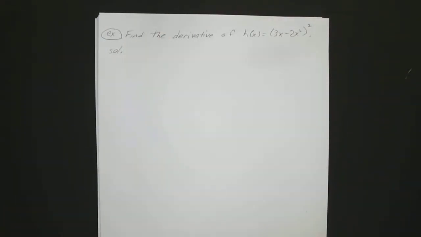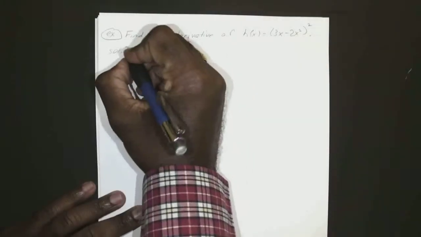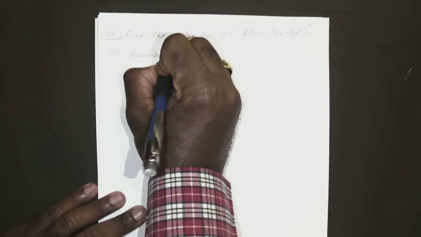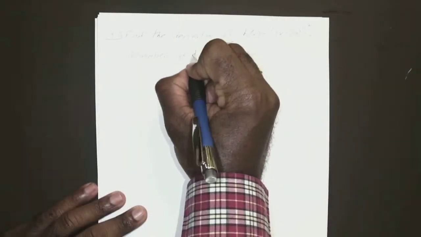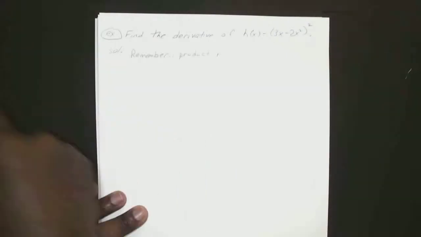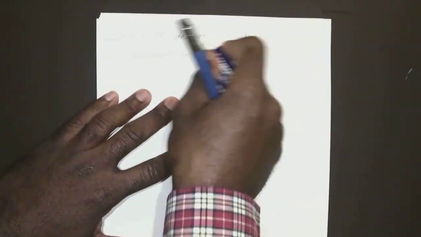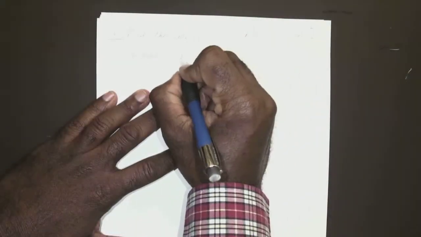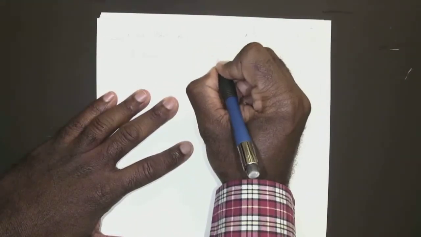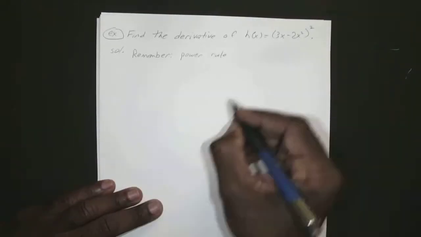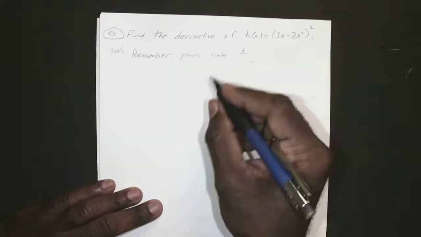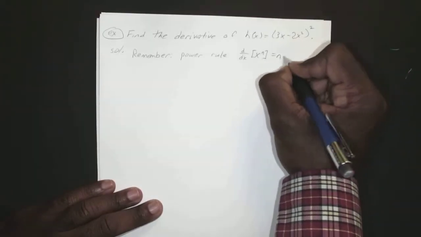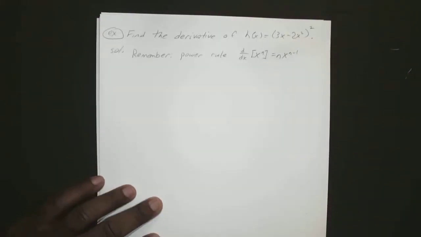All right. So for this one, you just want to remember, of course, your power rule, sorry about that. Product rule actually comes in later examples. Which is the derivative of x to the n equals n x to the n minus 1.